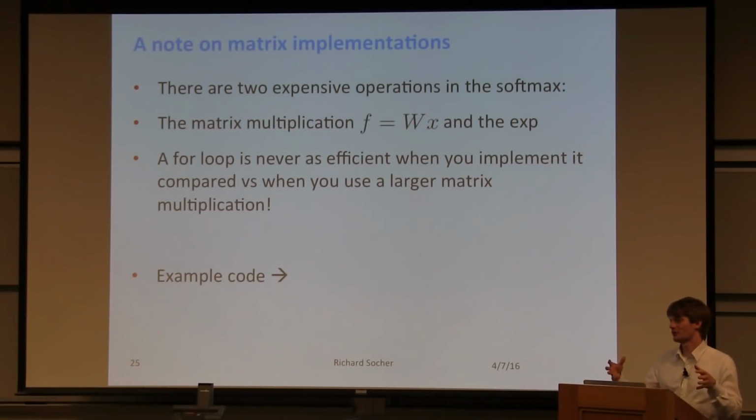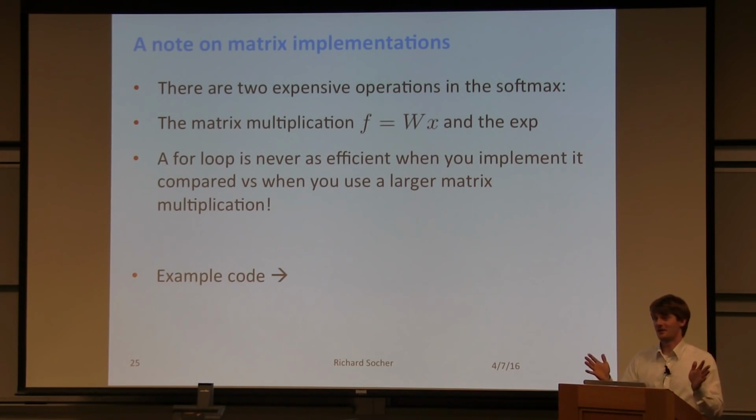All right, great. So now a note on matrix implementations, because we'll tell you roughly how long training should take for your problem set 1 as you implement your first algorithm, but it will widely vary depending on whether you use this trick or not. For the softmax function, there are two things that are very expensive in terms of operations. The first and major one is that we have a large matrix multiplication. That is the major bottleneck of all of deep learning: you have lots of matrix multiplications, and these W's and X's can get very large.